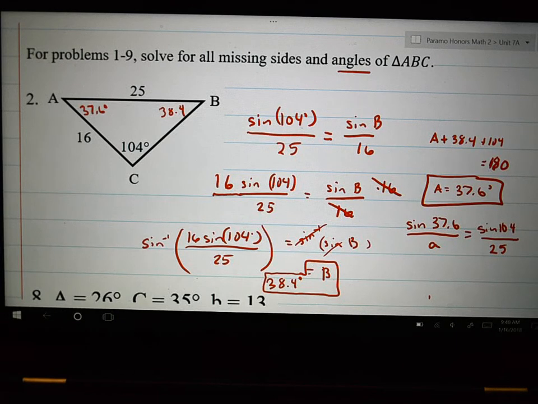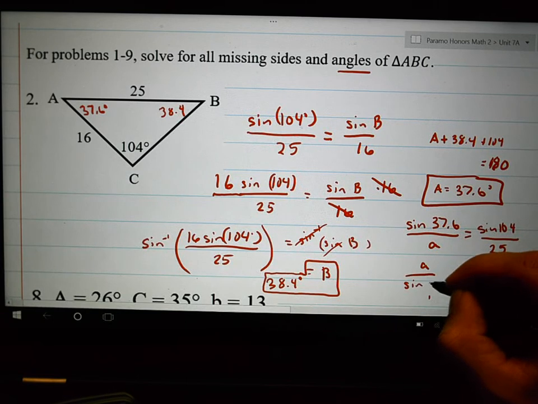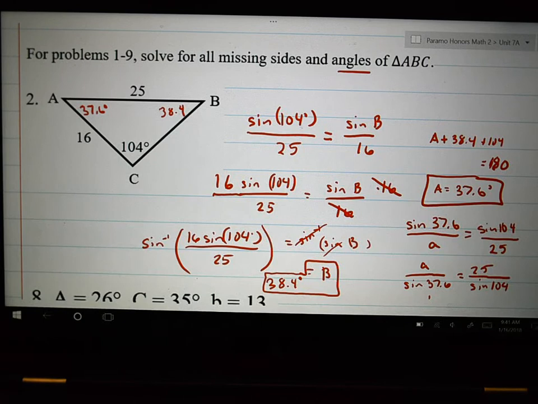Now, how do I find out what a is? You can never solve for a variable in the denominator. I'm going to recommend that you use the reciprocal of this side and the reciprocal of this side. Most of you, that should be just fine. There are other ways to do it.